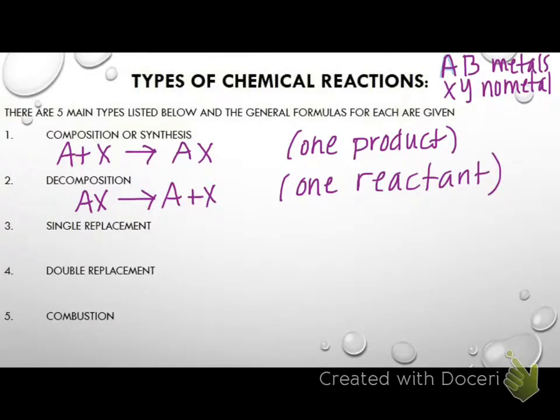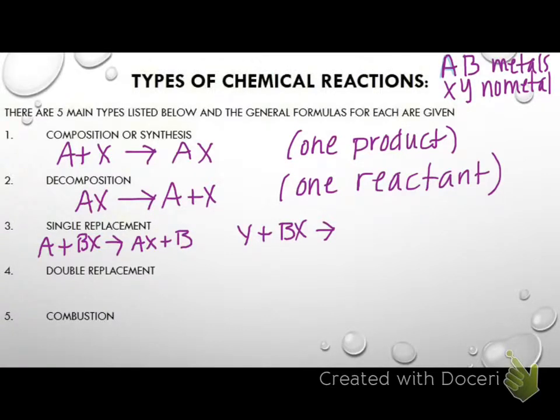A single replacement can be either a metal replacing another metal in a compound, or it can be a nonmetal replacing another nonmetal. So if I had this one, I'm going to have A plus BX, and A would replace B, so then I would get AX plus B. Or I could have a nonmetal replacing the other nonmetal.